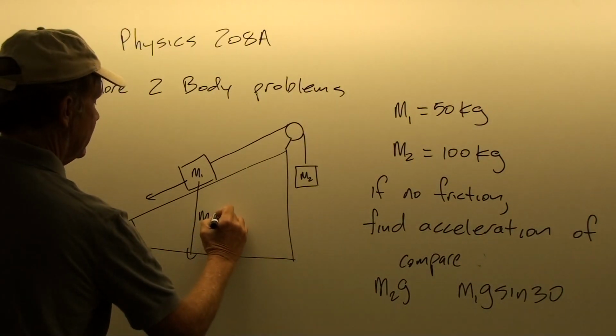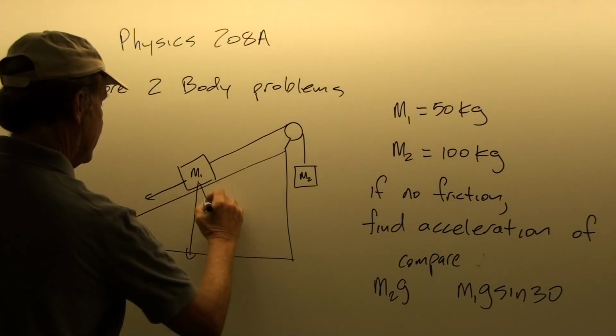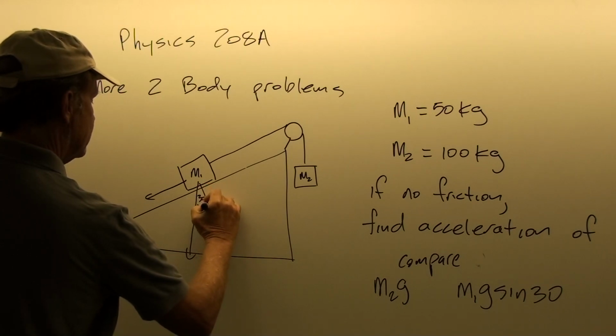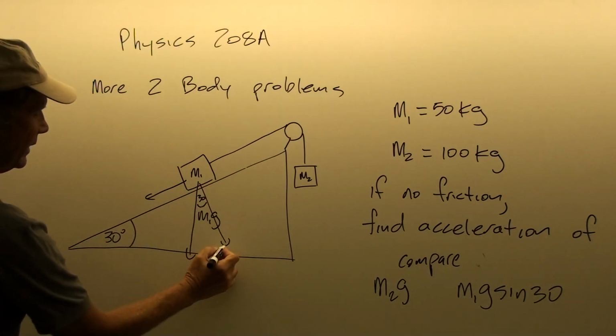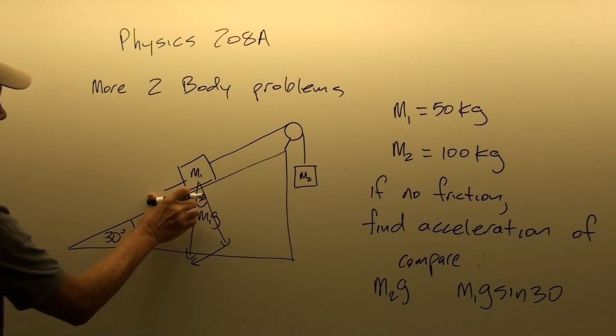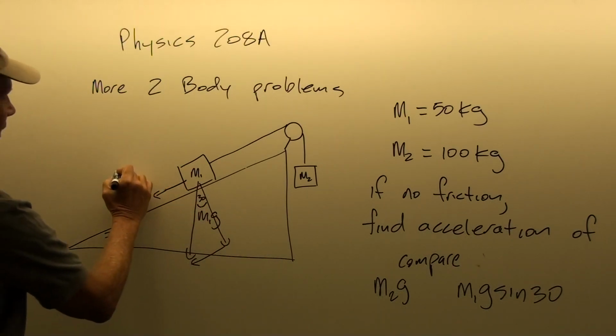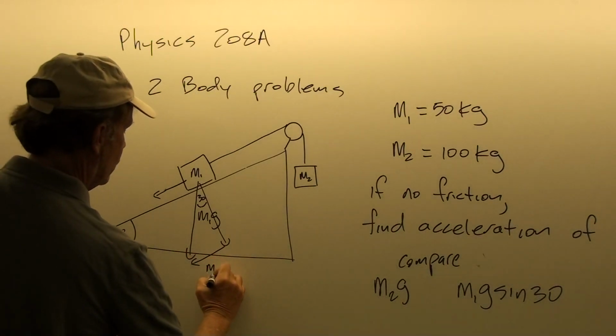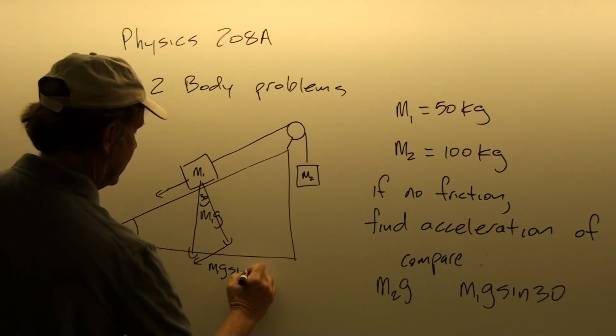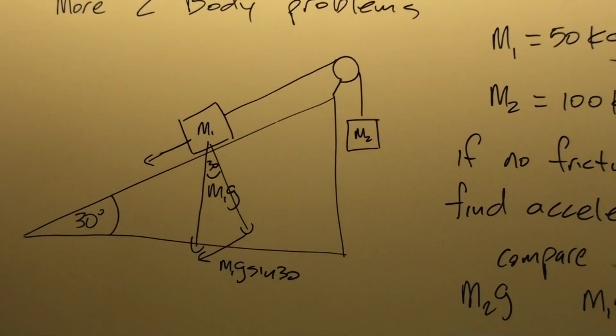This is M1g, this is theta, which is 30 degrees, the angle of inclination of the plane. And so this component, which I'm just moving up so that it's acting through the mass, is the M1g sine 30 term.